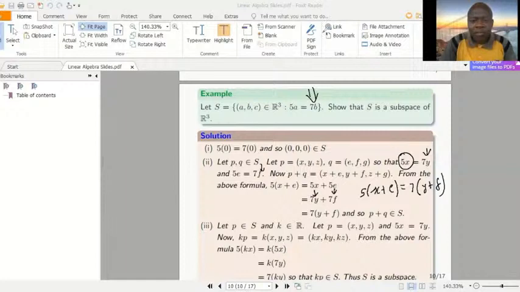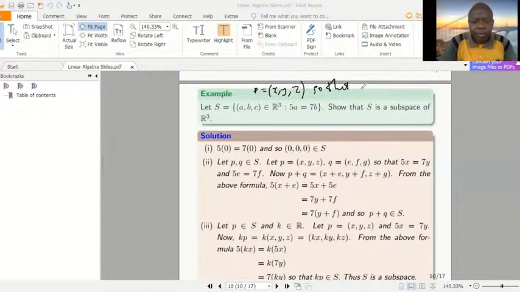Let's go to the third property and see whether it will also be satisfied. So I pick one vector from S, and I want to choose P. This P, I've said, will be (x, y, z), so that 5 times x would be 7 times y.